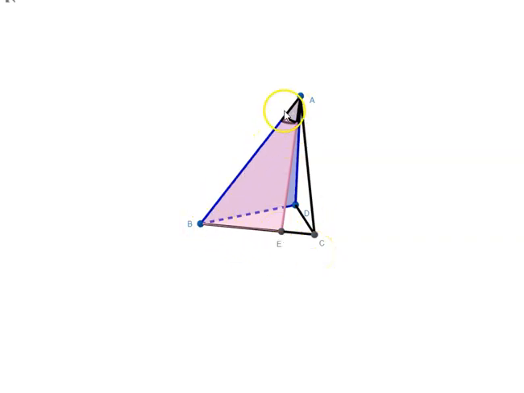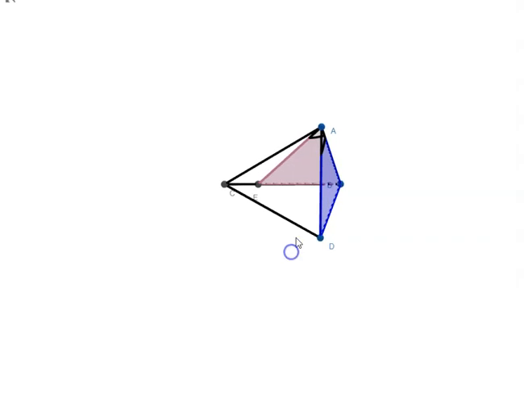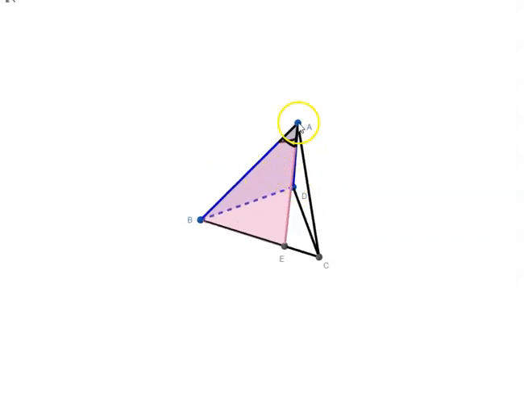So which means CAD plus DAB is greater than BAC. So we have proved that these two angles, when we sum it up, it is greater than the third angle.